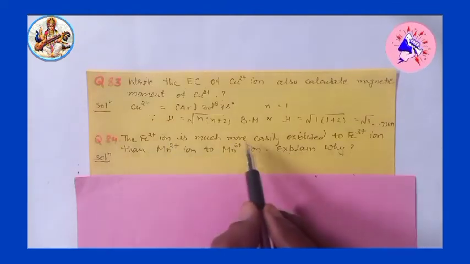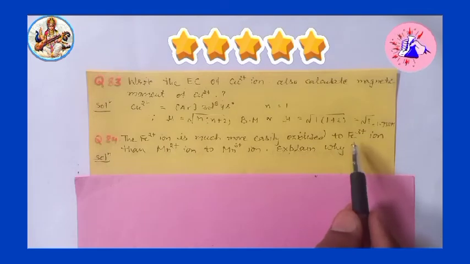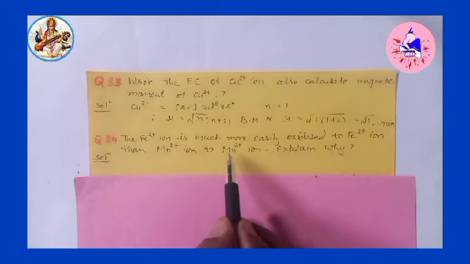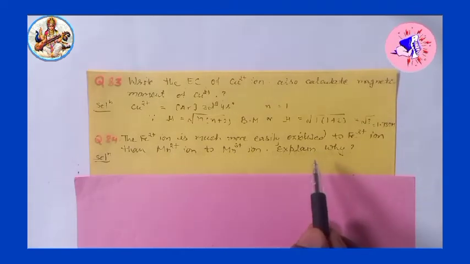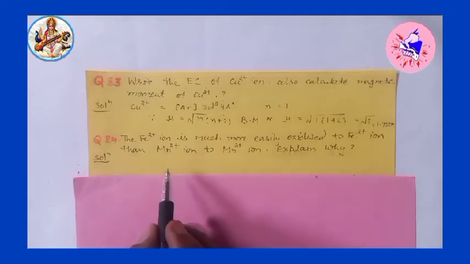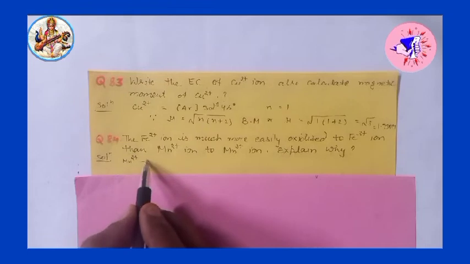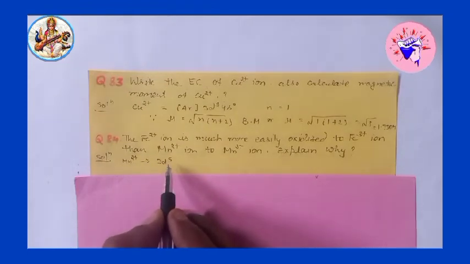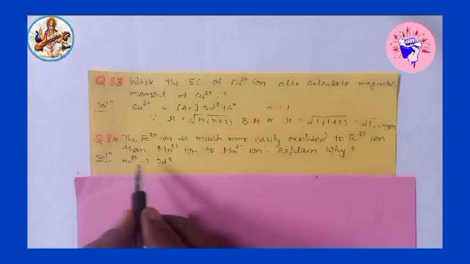Next, question 84. The Fe2+ ion is much more easily oxidized to Fe3+ ferric ion than Mn2+ ion to Mn3+ ion. Explain why. So the answer will be: the electronic configuration of Mn2+ is 3d5, which is half filled and hence more stable.